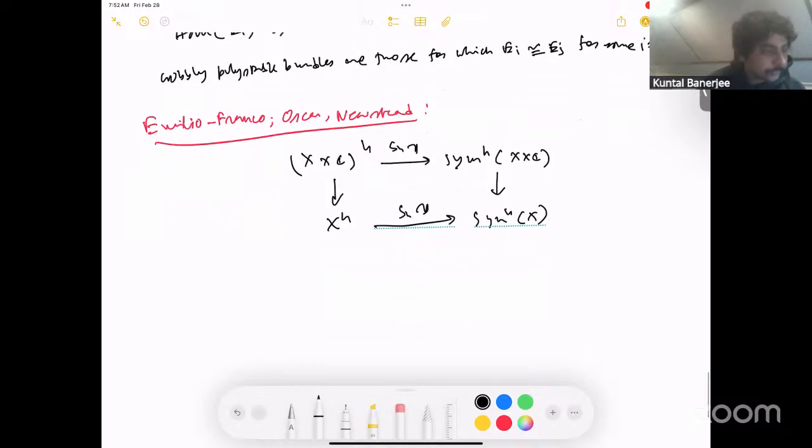Okay, and also there is the Hitchin morphism.